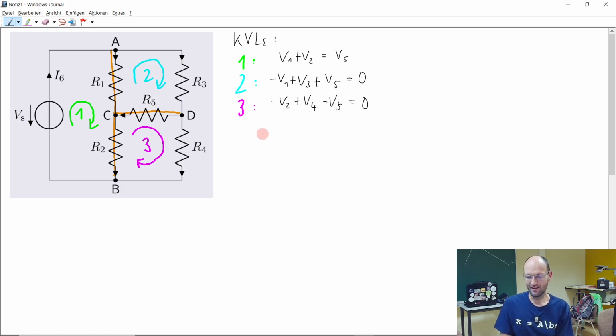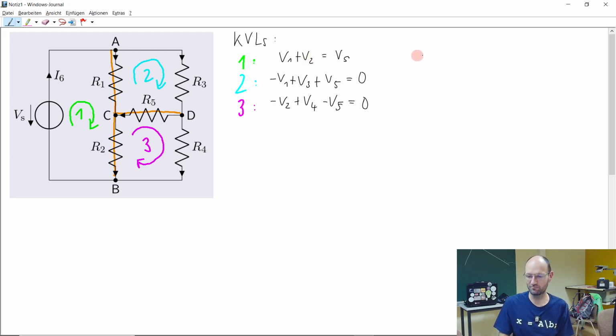Okay. So now if we take a look at this equation system, and maybe I should make more sure that this is not a 5, but this is the source here. And this is a 5. This is the source. So we have now a system with 3 equations and 5 unknowns. Not so good.